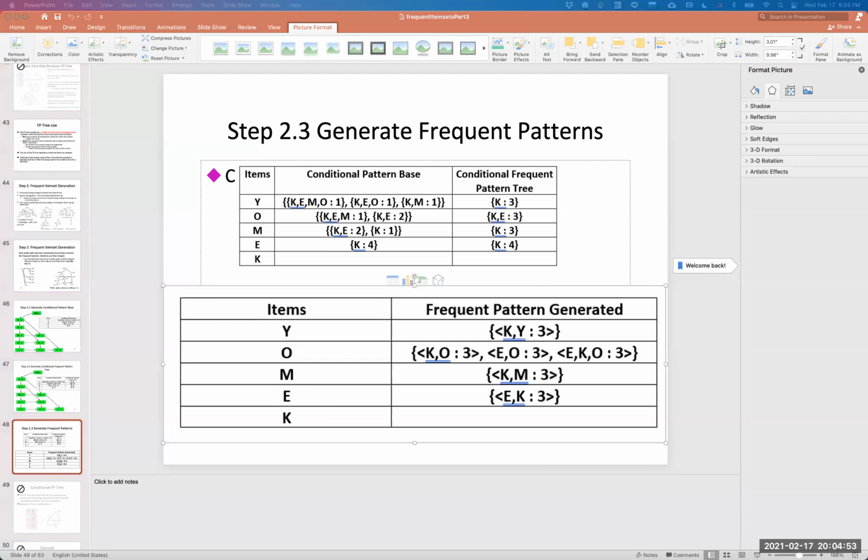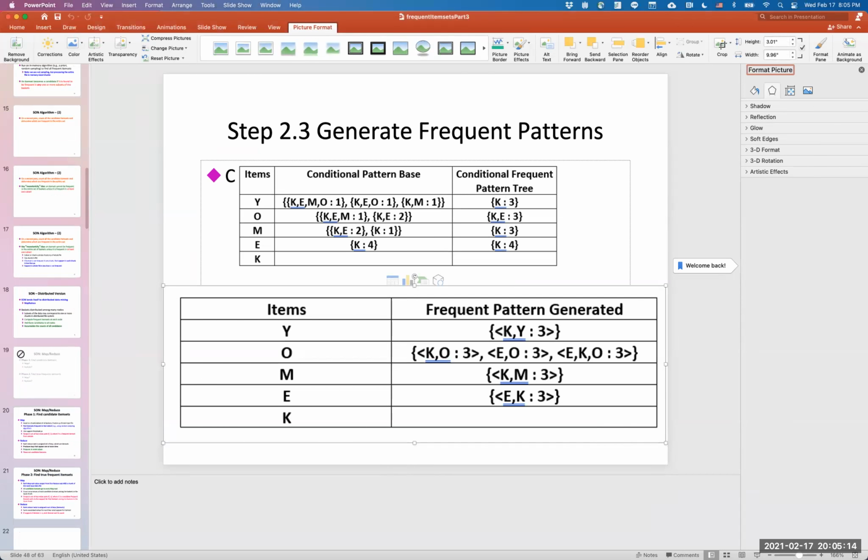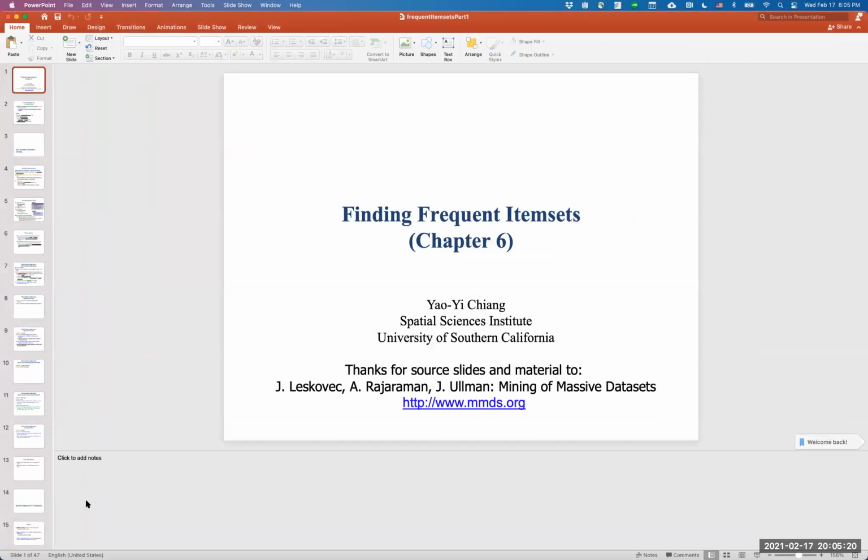Okay. So we have talked about how to find the frequent items, but did we cover actually generating the association rules? I only thought about finding the frequent items.